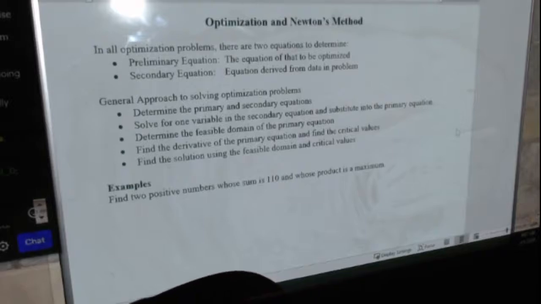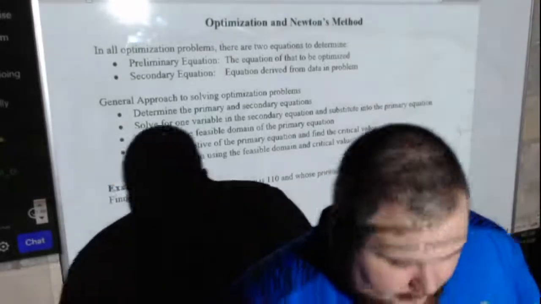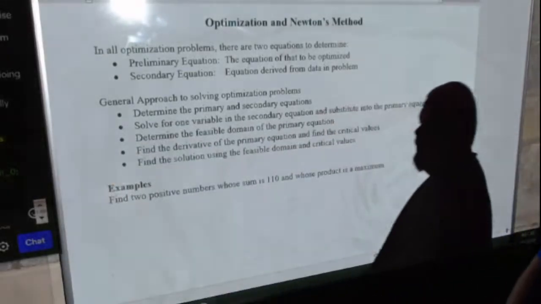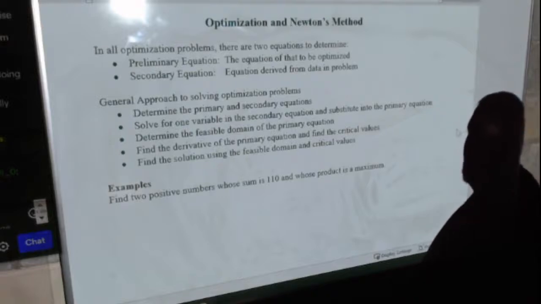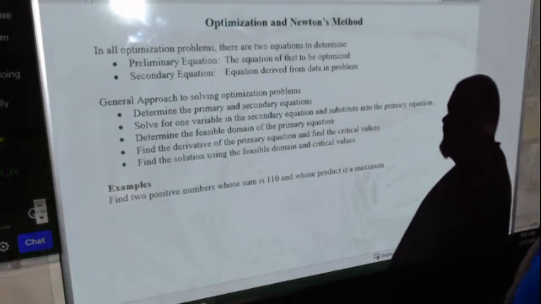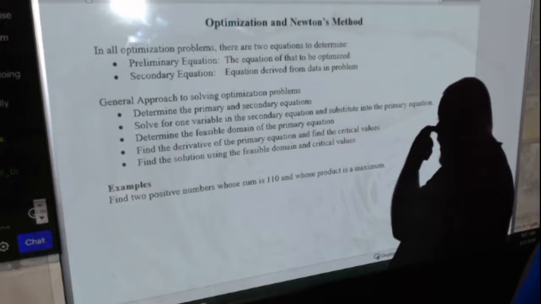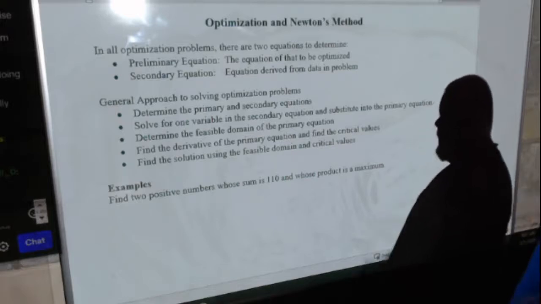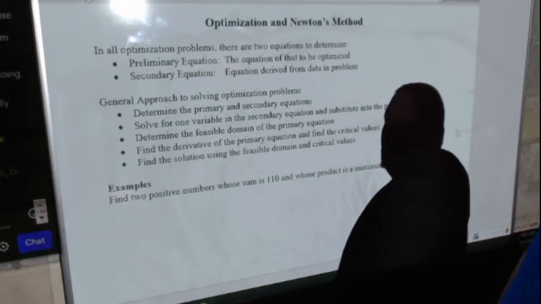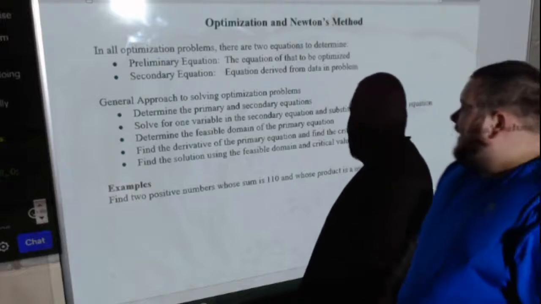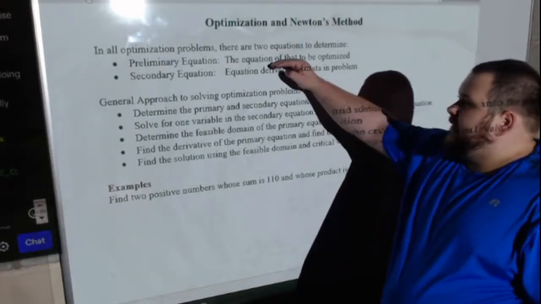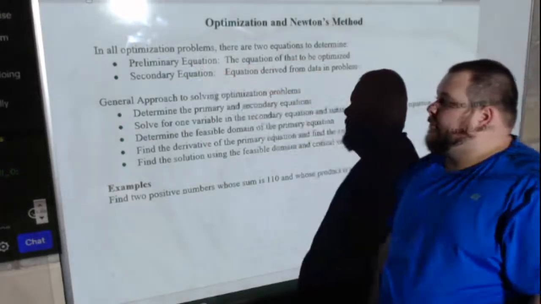So optimization. We have two equations, and our job is to optimize the preliminary equation.